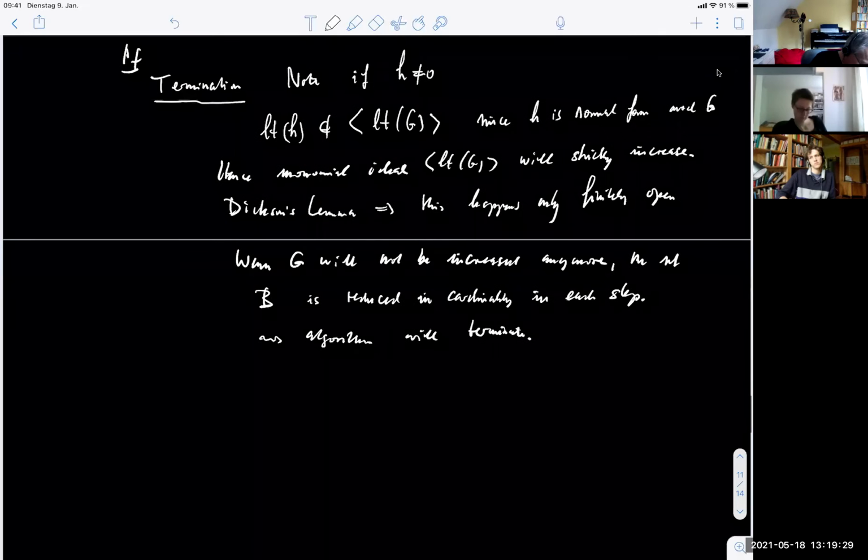How about correctness? How do you show correctness of an algorithm? You have to write some statement; the algorithm has a loop, then you write a statement which is invariant in every loop.